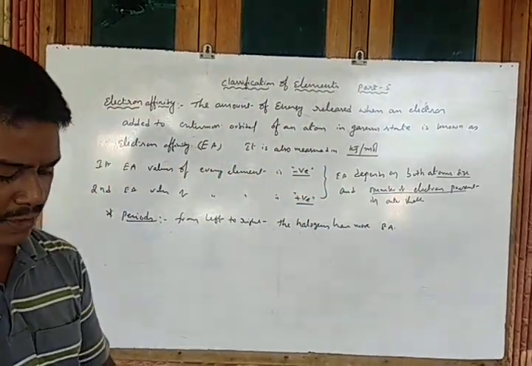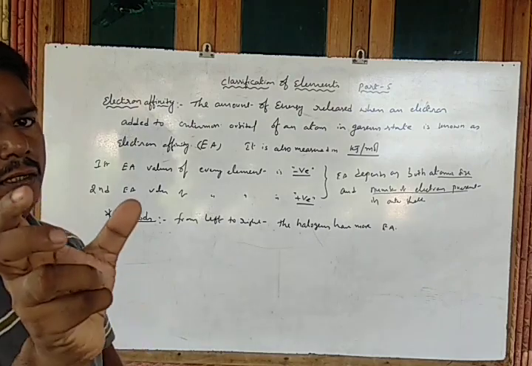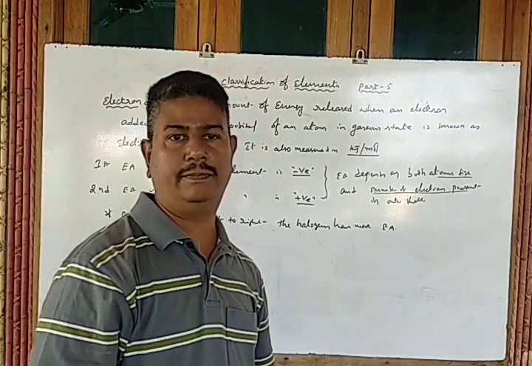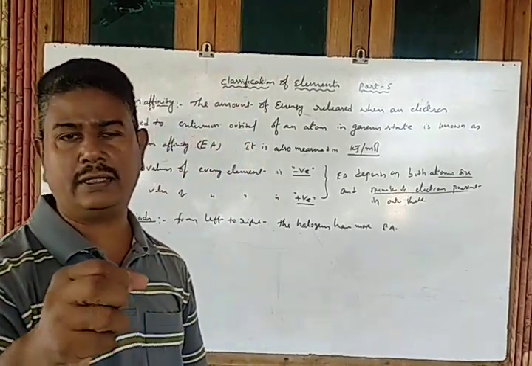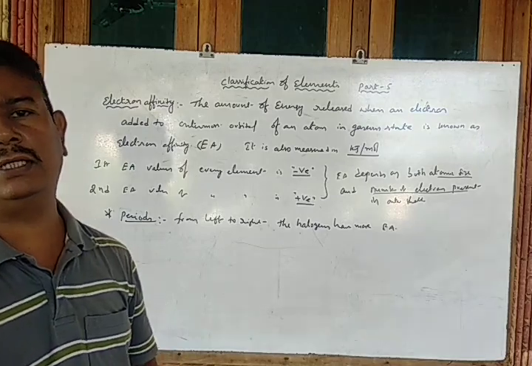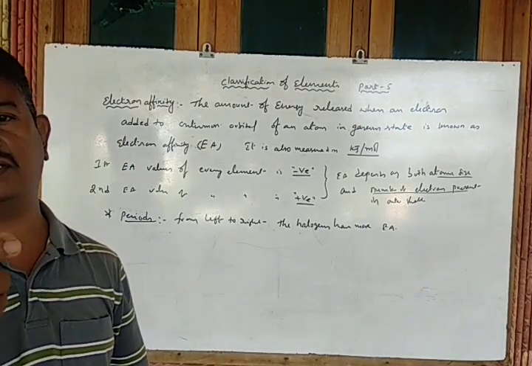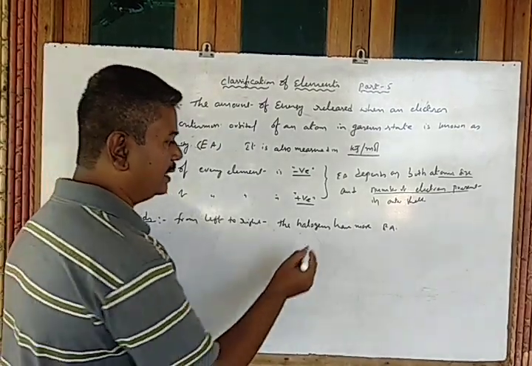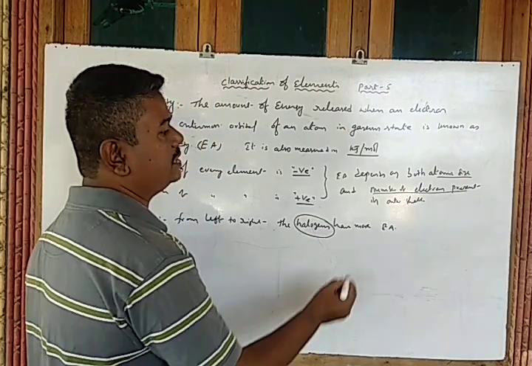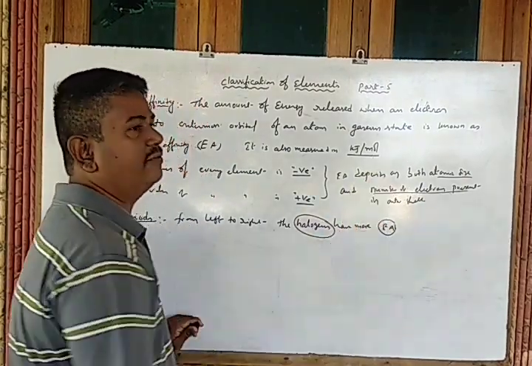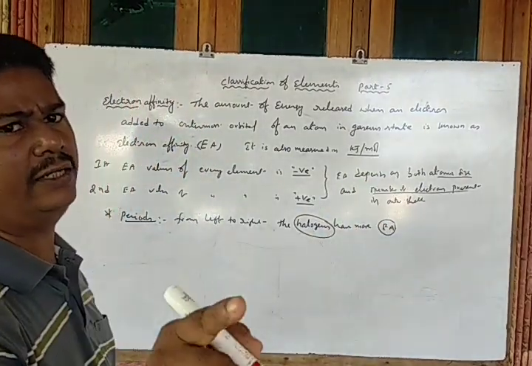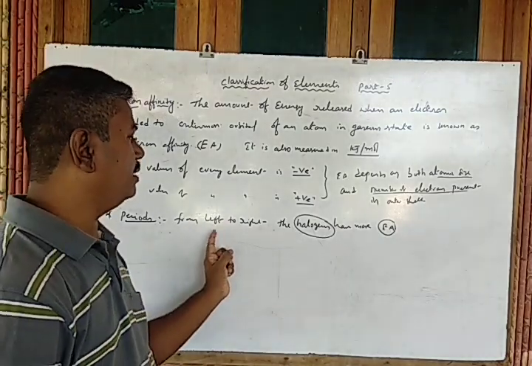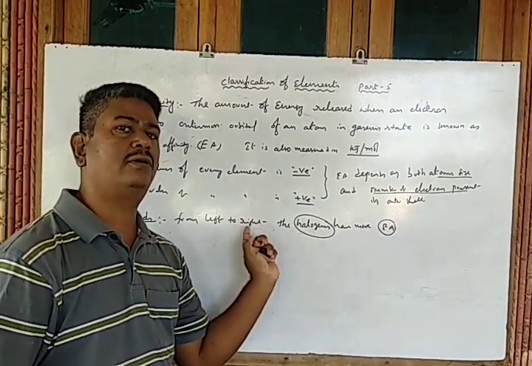Because these halogen atoms, chlorine, bromine, iodine and fluorine, require one more electron to attain the inert gas octet configuration. So while moving from left to right in a period, the electron affinity values increase.